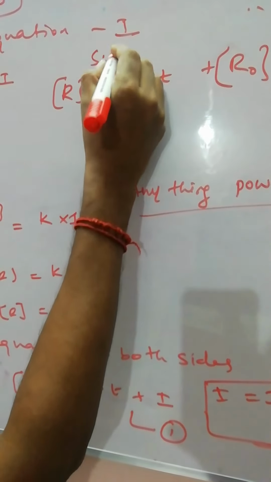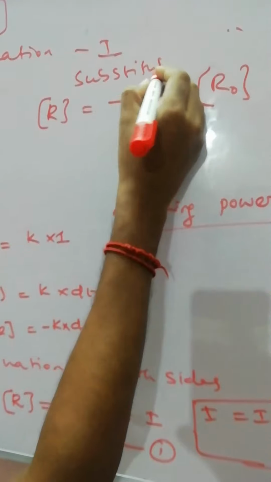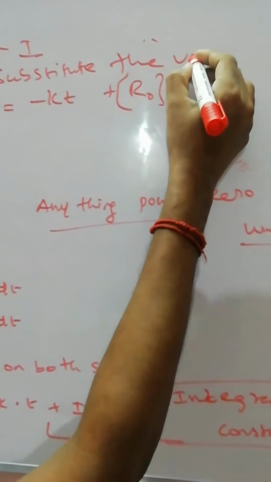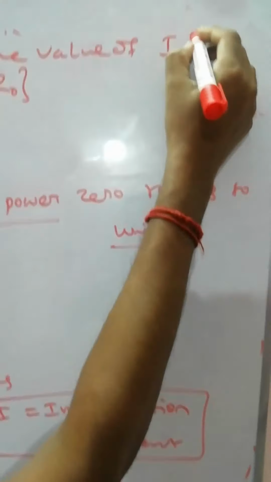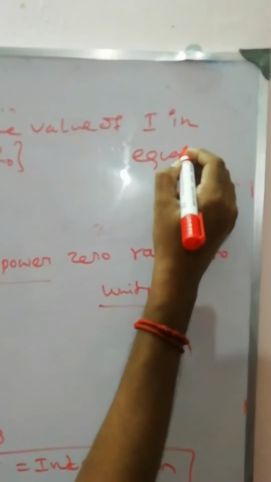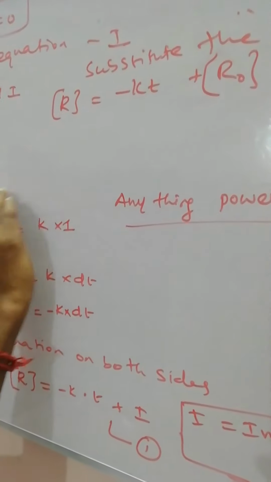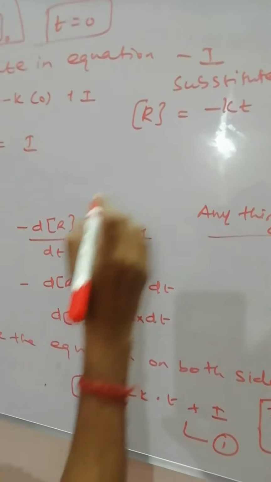Substitute the value of I in equation 1. So R is equal to minus Kt plus R0.